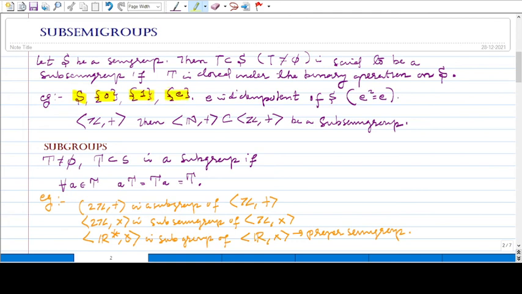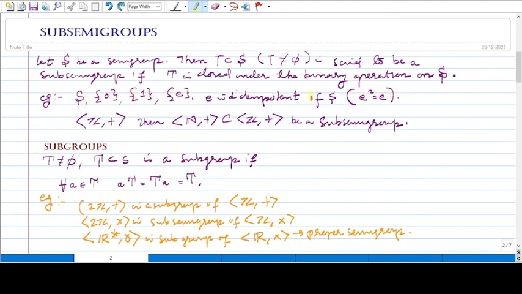If you have an idempotent element in a semigroup, where an idempotent element is E square equal to E, then any power of E will be E itself. So that's also a subsemigroup.